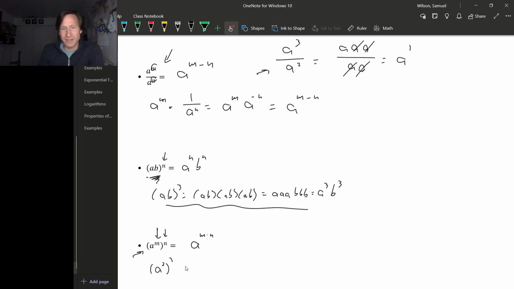For an integer example, a squared cubed, that's a squared times a squared times a squared, right? But now there are 3 copies of that, and so when you add them all together using the sum property, which is way up there, you get a to the 2 plus 2 plus 2, but that's a to the 3 times 2, because there are 3 copies of 2 here, so it's 3 times 2.